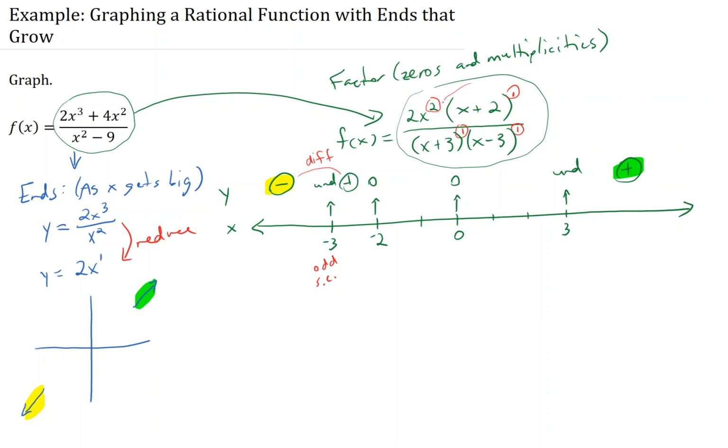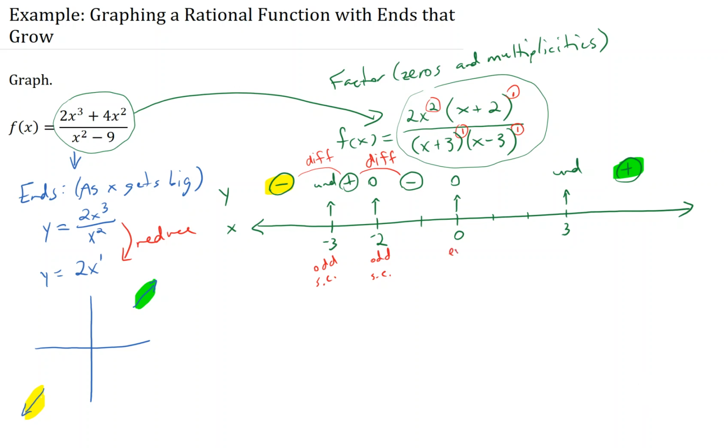Negative 2 came from x plus 2 to the first, which is also a multiplicity of 1, which is odd. So that's an odd number of sign changes. So this sign is going to be different as I cross over my negative 2. So my plus that I had before changes back to a minus in this region. Then as I cross over 0, that came from x squared, has a multiplicity of 2.